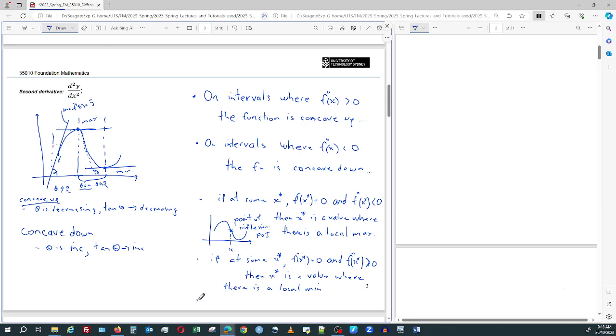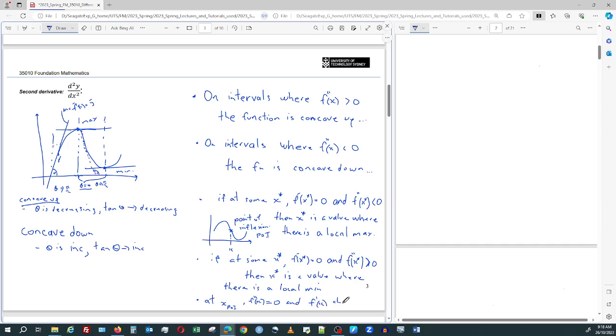Okay, and the final thing is that at x as a point of inflection, f double dash at that x is equal to 0. And what happens to the first derivative? f dash of x will do what?